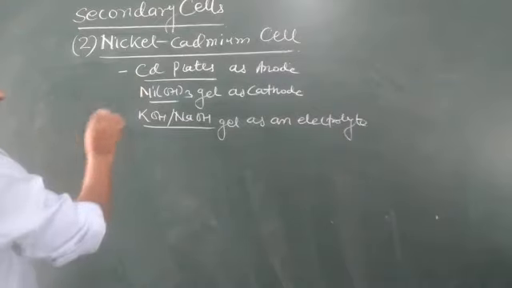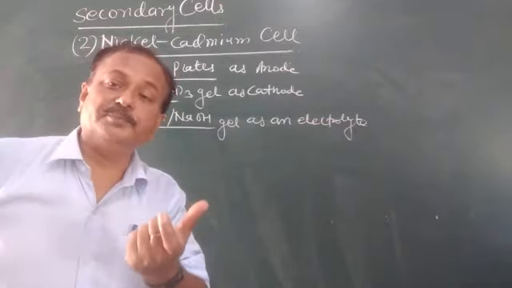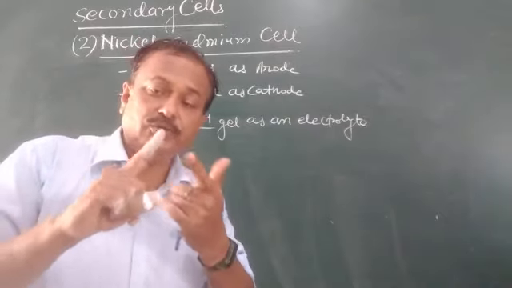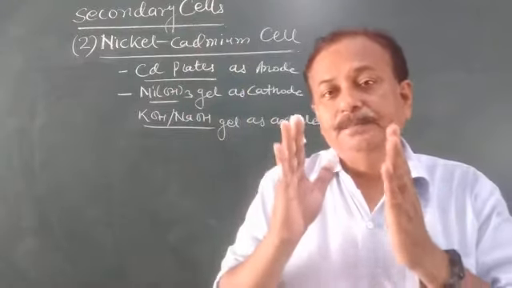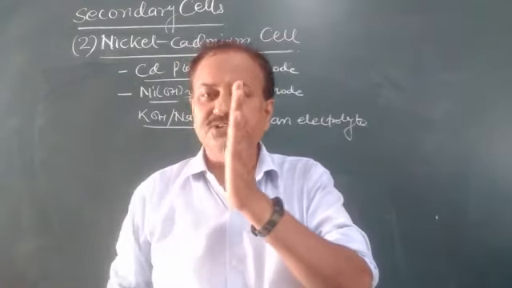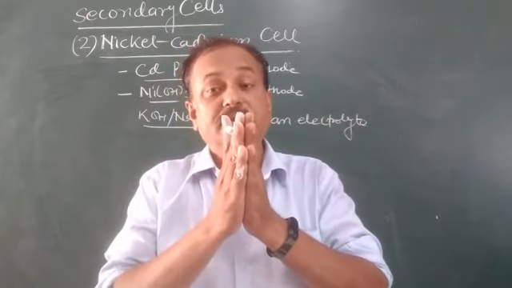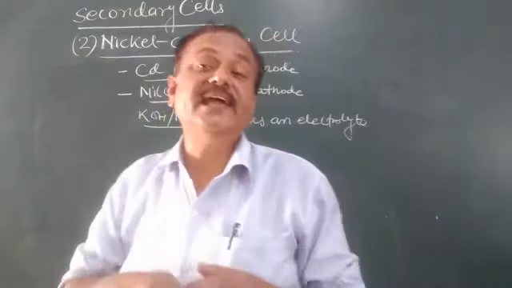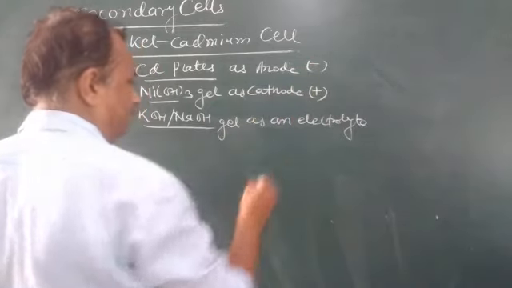So this is the cadmium plate, and nickel hydroxide is absorbed in a special type of paper. And so we have the nickel plates, very fine nickel plates, and the two plates are separated by plastic separators, and they are wrapped around each other. So the first layer is the cadmium plate, then there is the plastic separator or insulator, and there is the third plate of this, and they are wrapped around each other. So this acts as minus, this acts as plus.